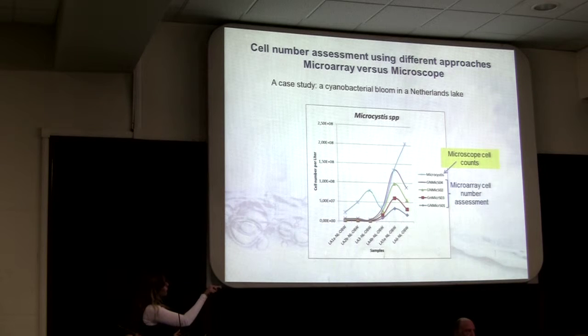Here you've got the sample count, and here you've got the microarray analysis. And we were quite happy because we think it's not too bad. We are in the same range of cell quantification. So we've got another traditional approach, microscopic counts, compared with the microarray, which shows very coherent results.